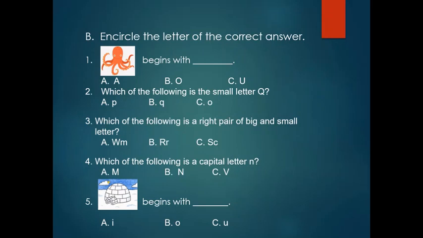The one in letter A, the one in letter B, or the one in letter C? Number 5. Igloo begins with blank. Letter A, I. Letter B, O. Letter C, U.